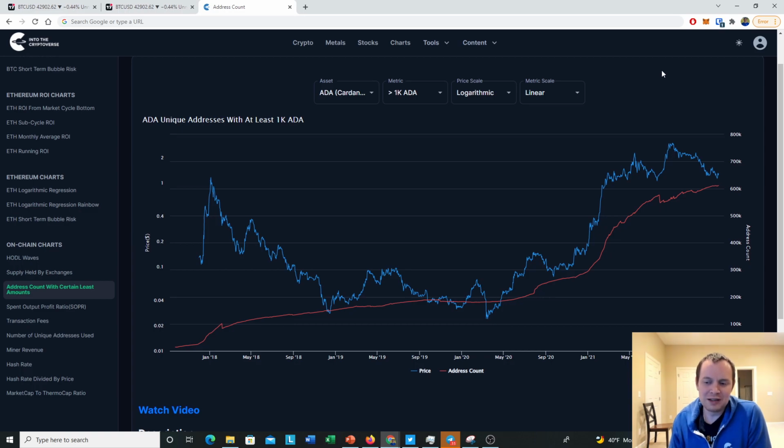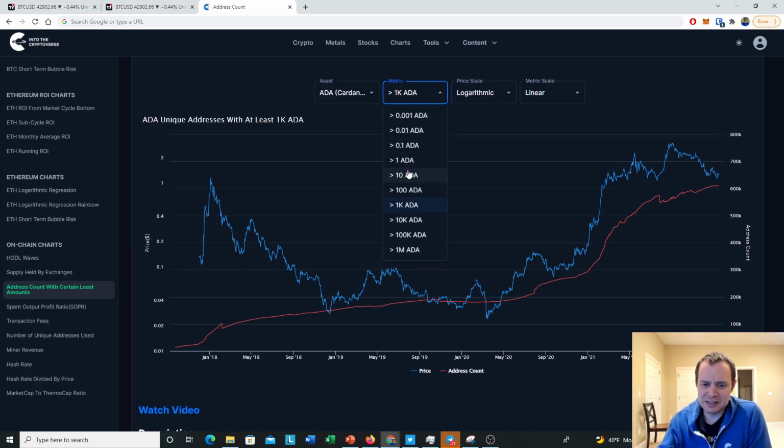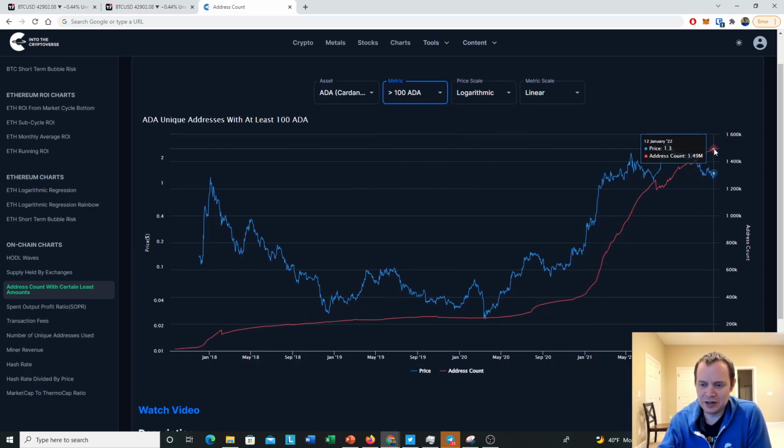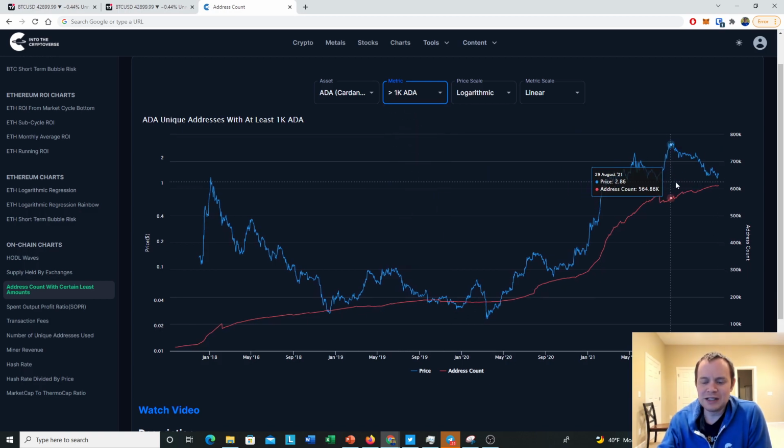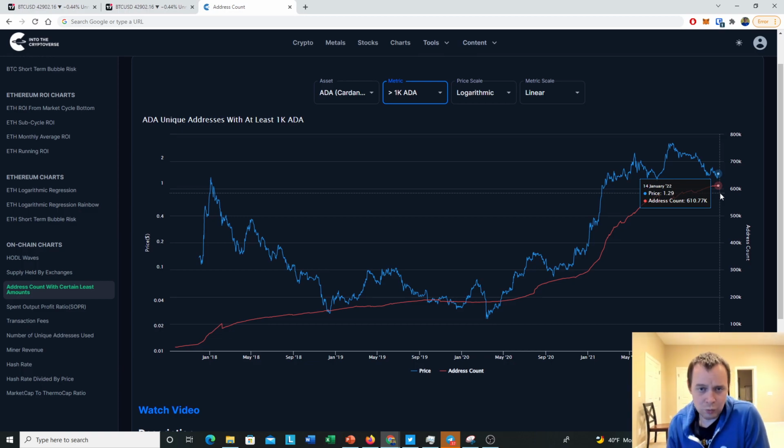And what you'll notice is the difference here between wallets that hold at least 100 ADA, again about 1.5 million, and at least 1,000 ADA, around 610,000. So about a 900,000 wallet difference between 100 ADA and 1,000 ADA.